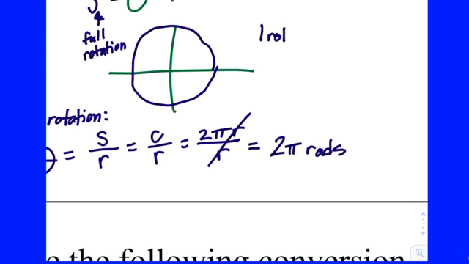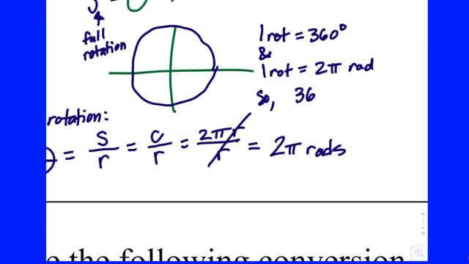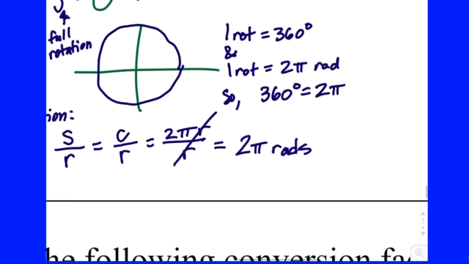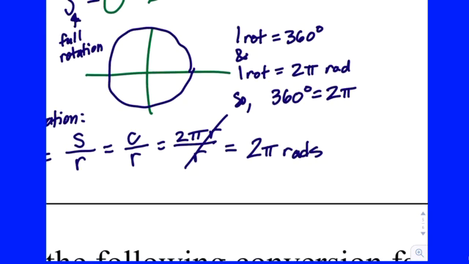One rotation is equal to 360 degrees, and one rotation is equal to 2 pi radians. Therefore, by the transitive property, 360 degrees must equal what? 2 pi radians. Well, guess what 2 pi is approximately?